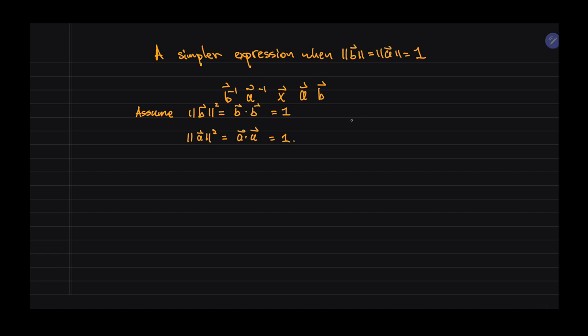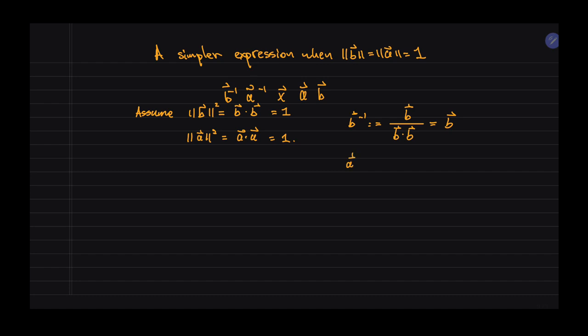Recall that the inverse of b is defined as b over b dot b, and in our case, because of the assumption, it will just equal b.